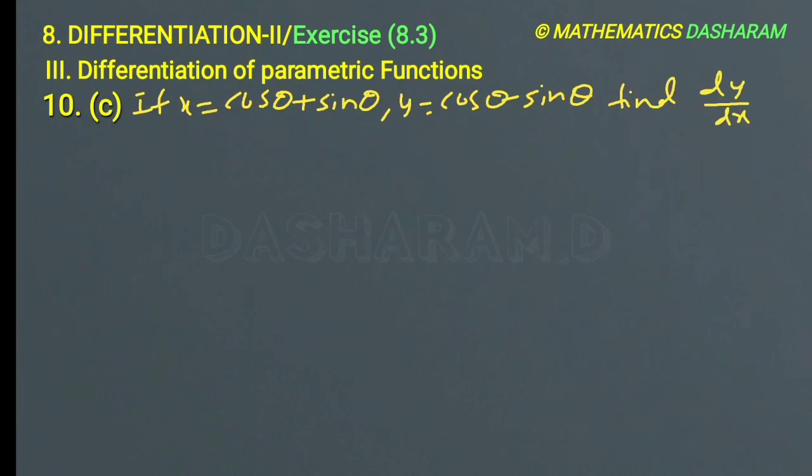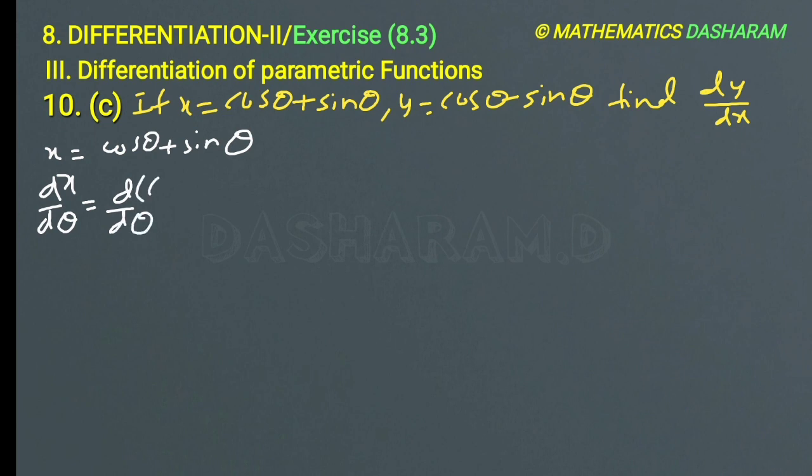Next, the C question: if x equals cos theta plus sin theta and y equals cos theta minus sin theta, then find dy by dx. So the first function is x equals cos theta plus sin theta. Do the derivative on both sides with respect to theta. So dx by d theta equals d by d theta of cos theta plus sin theta.